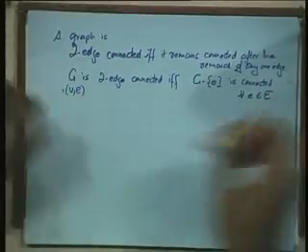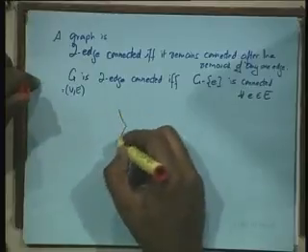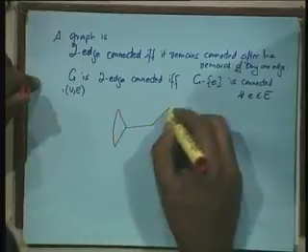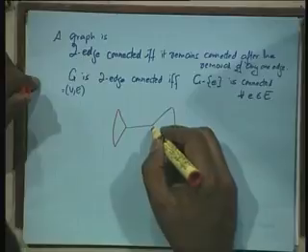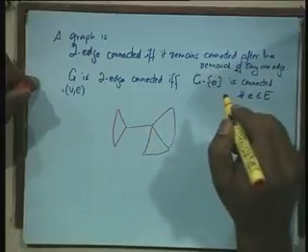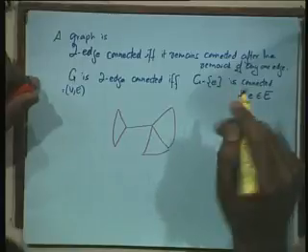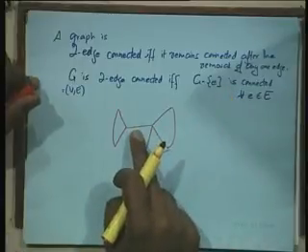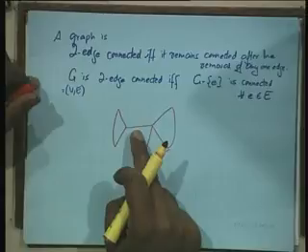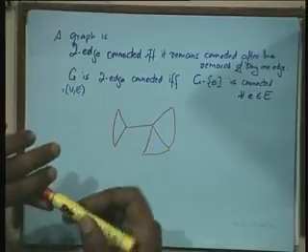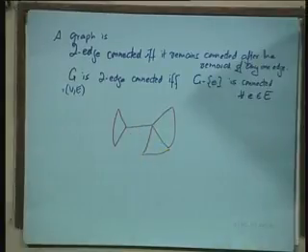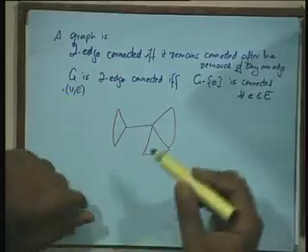So, let us see. Is this graph two edge connected? If I remove this edge, then it becomes disconnected. Such an edge whose removal disconnects the graph is also called a bridge.